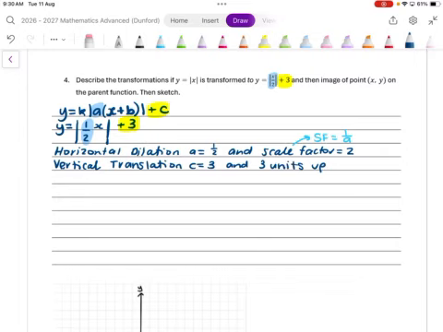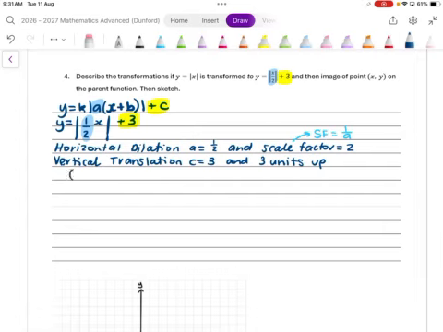So what that means is our coordinate x, y. What's going to affect our x? The 2, right? Our scale factor affects our x, so it's going to be 2x. And what's going to affect our y? So it's going to be y plus 3. So we are going to think about our parent function, which is y equals the absolute value of x.